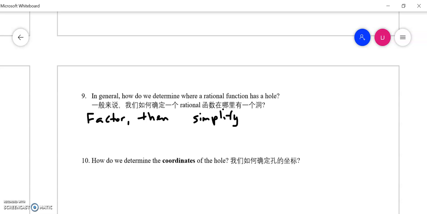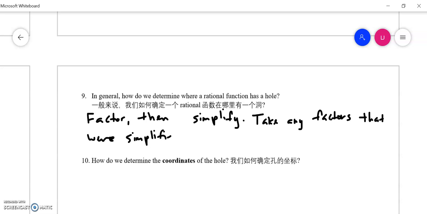Take any factors that were simplified out, and set them equal to 0.